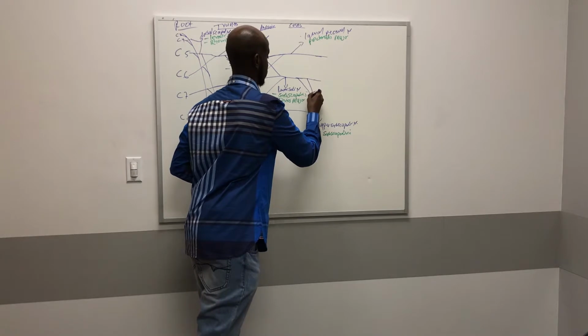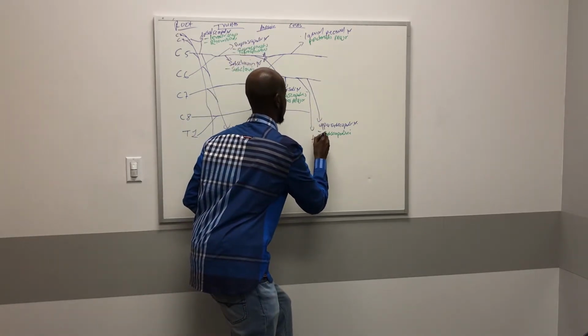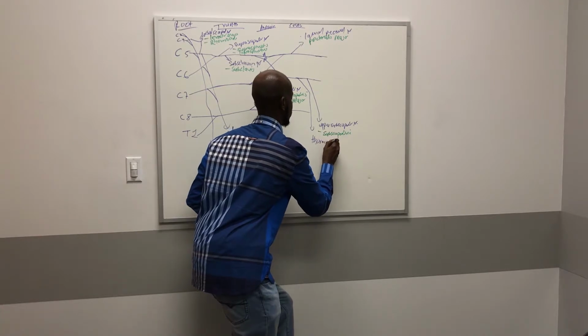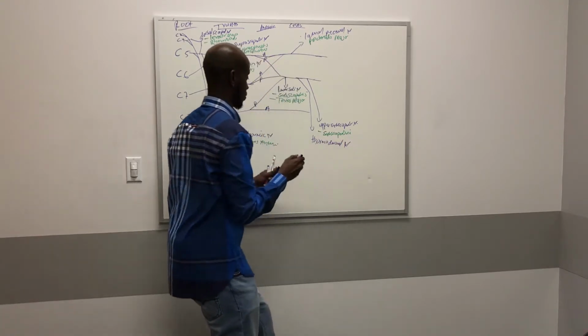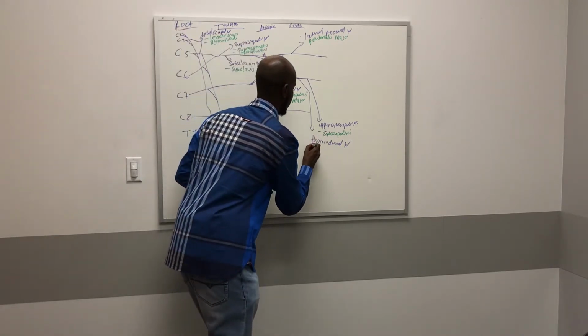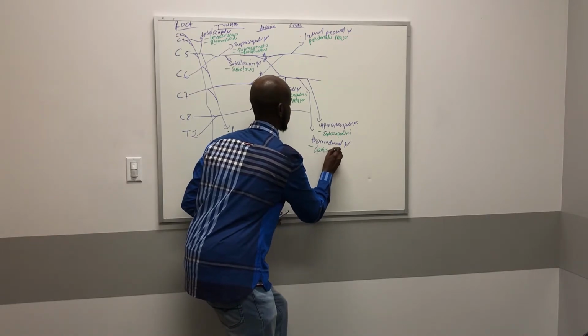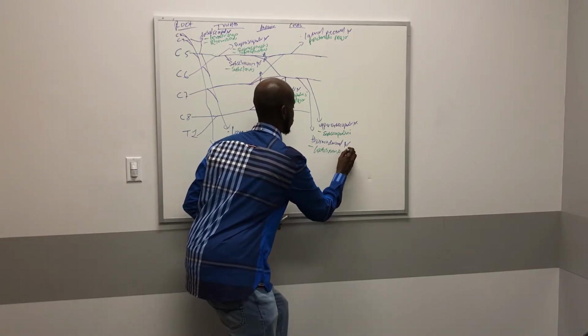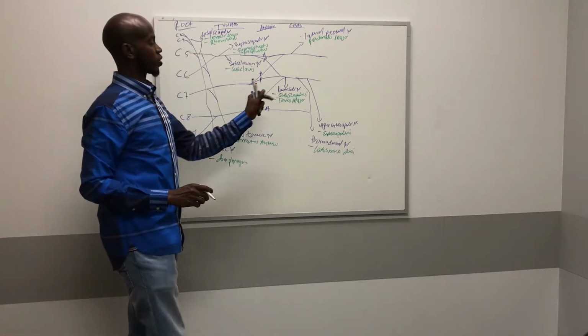Third branch is thoracodorsal nerve. Thoracodorsal nerve supplies latissimus dorsi. Those are 3 branches.